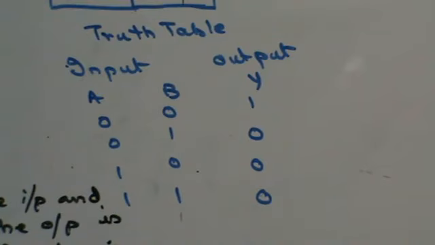So how do I define a NOR gate? Thus, the output of the NOR gate is high only when all the inputs are simultaneously low, right? So that's called a NOR gate.